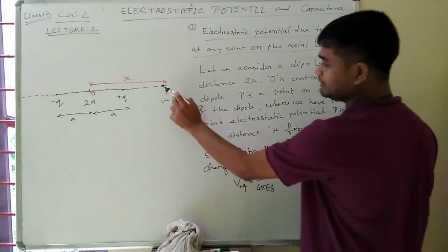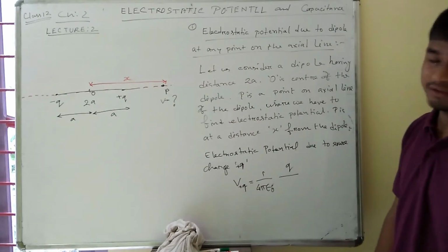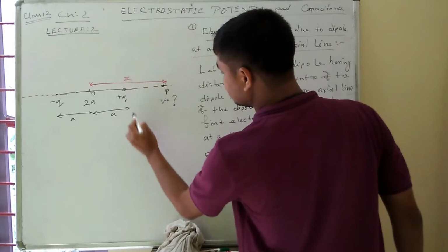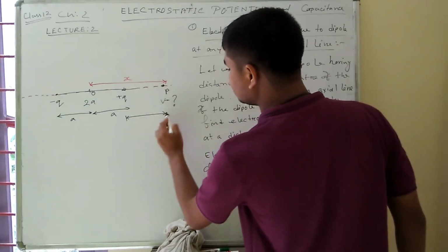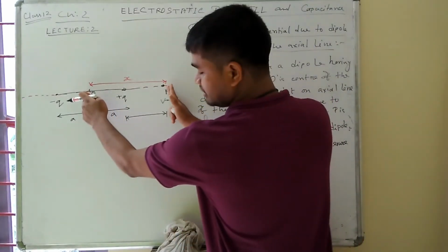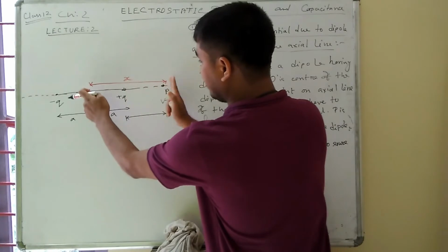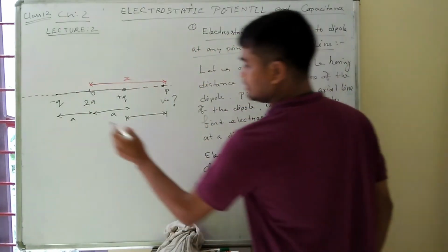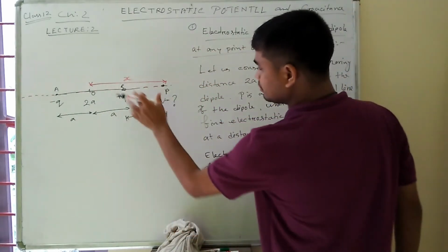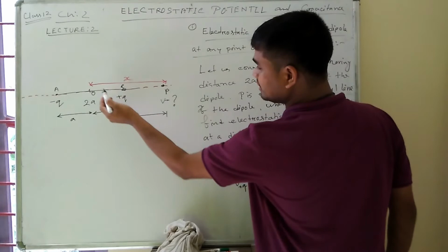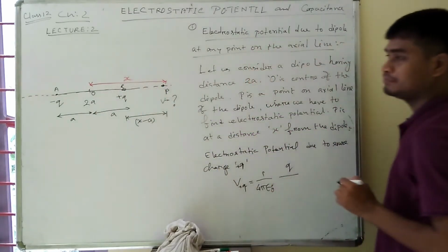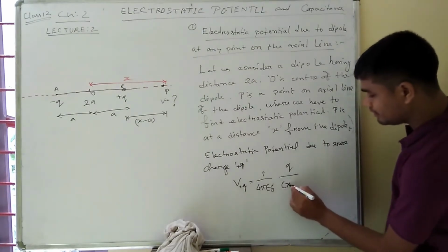Here the test charge is at point P, where we have to find the electrostatic potential. The distance is OP minus OB, where OP is x and OB is a. Therefore its value is x minus a.